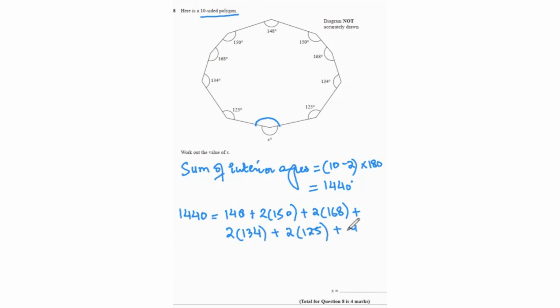And then we add y. I'm going to call this y. So let's simplify this. 148 plus twice 150 plus twice 168 plus twice 134 plus twice 125. That's 1,302.